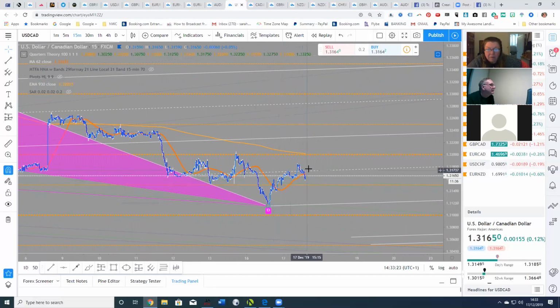And you can see the 62 is now heading up to meet the 15-minute. It looks like it is. So I'm going to put the BYOB on for us on this one. I'm on the 15-minute.